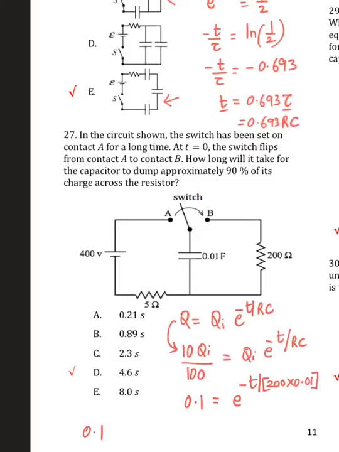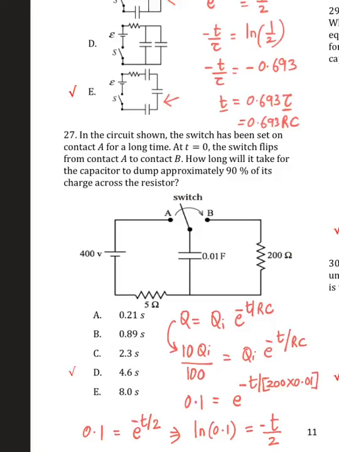So 0.1 is equal to e to the minus t over 2, and then let's apply the natural log. So ln 0.1 is equal to negative t over 2, and let's solve this to get the value of t.